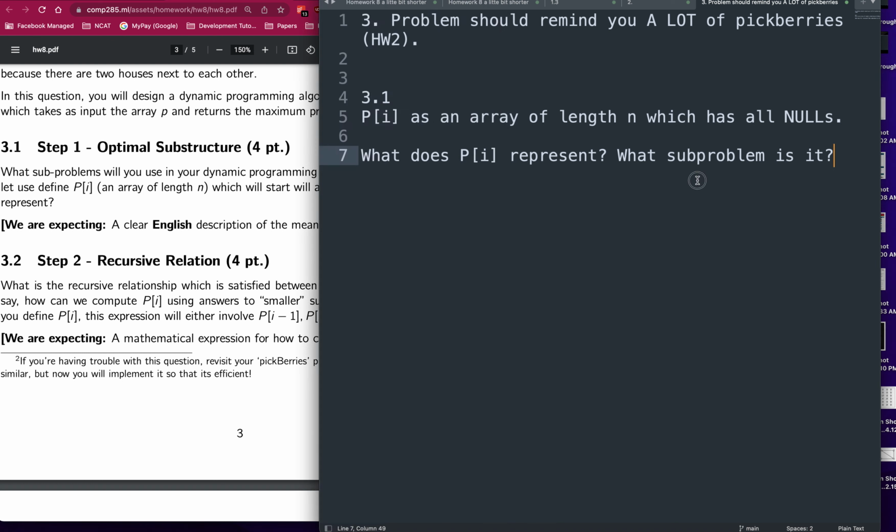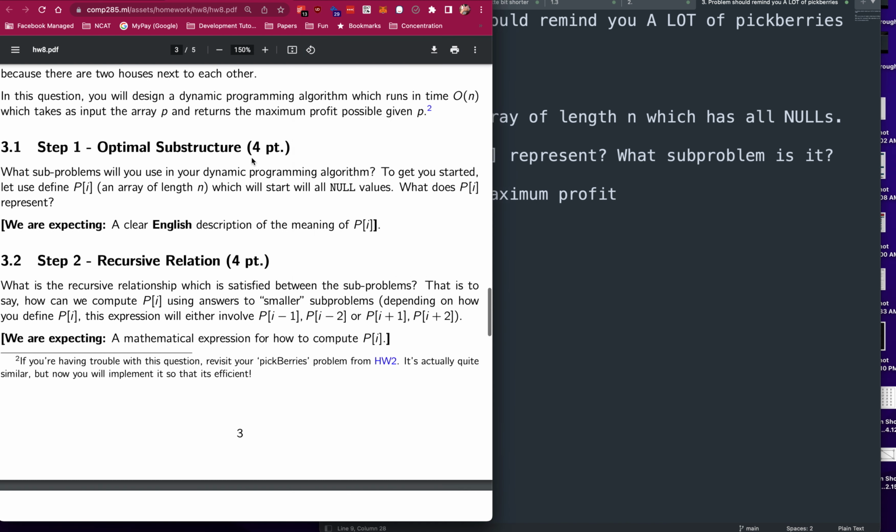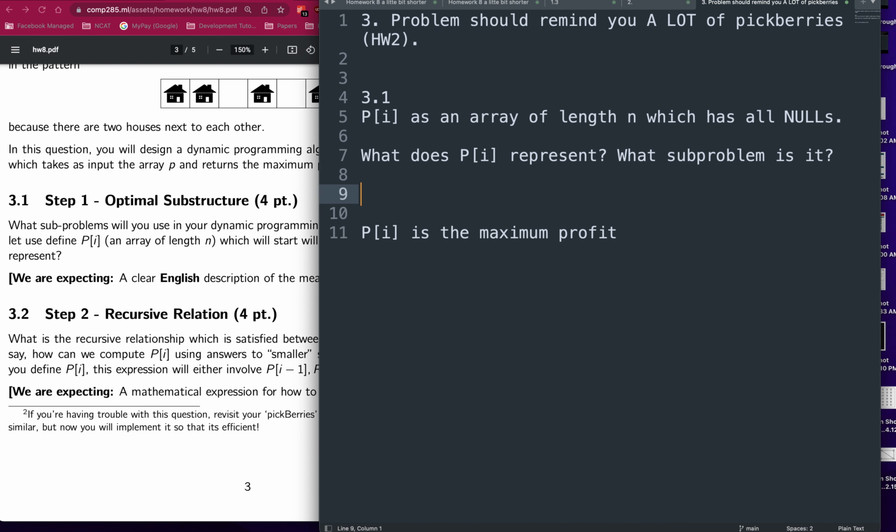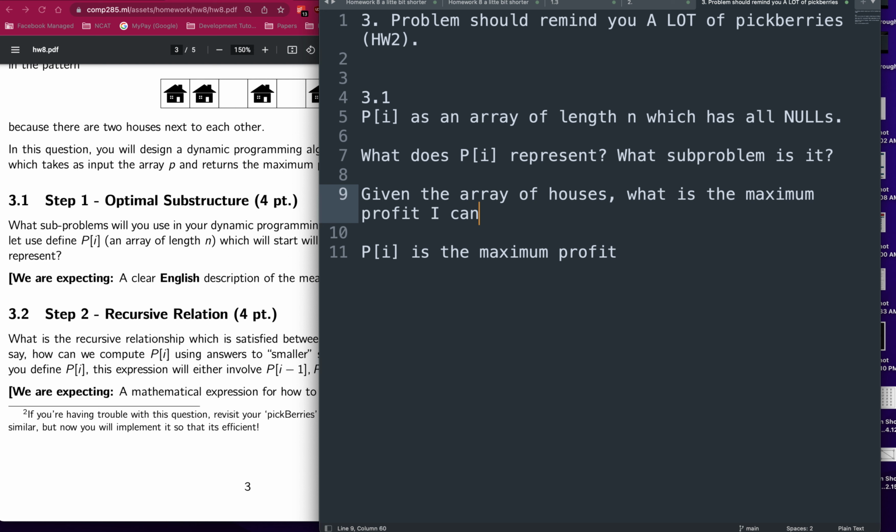Cool. Okay, so one way to approach this is to say, well, P[i] is the maximum profit. So what's the actual problem we're trying to solve? The actual problem is like, given the array of houses, what is the maximum profit I can make, right? So that's what we're trying to solve.